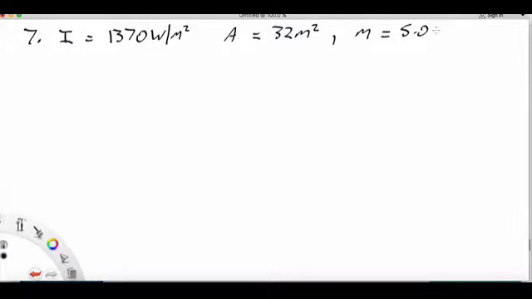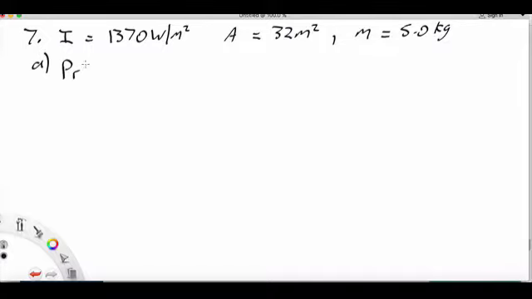And number 7, we have an intensity of 1370 watts per square metre. The area of the sail is 32 square metres, and we're told the mass is 5 kilograms.